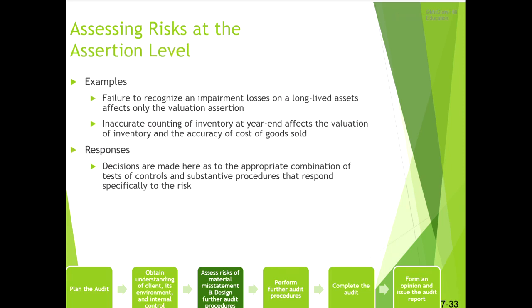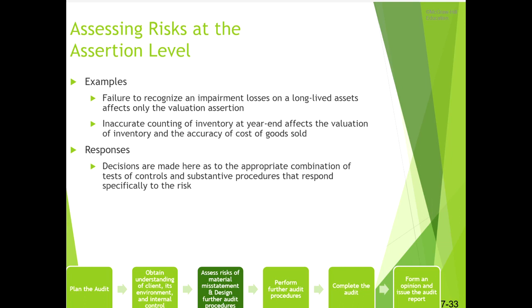If we come down to the assertion level, and again, completeness, existence, cutoff, accuracy and valuation, rights and obligations, presentation, disclosure, if we're looking at risk at that level, how do internal controls fit in? A couple of examples here. Let's say there are some impairment losses on long-lived assets.